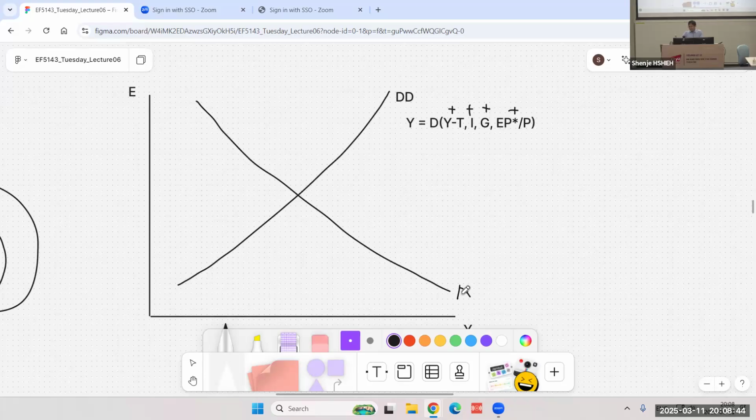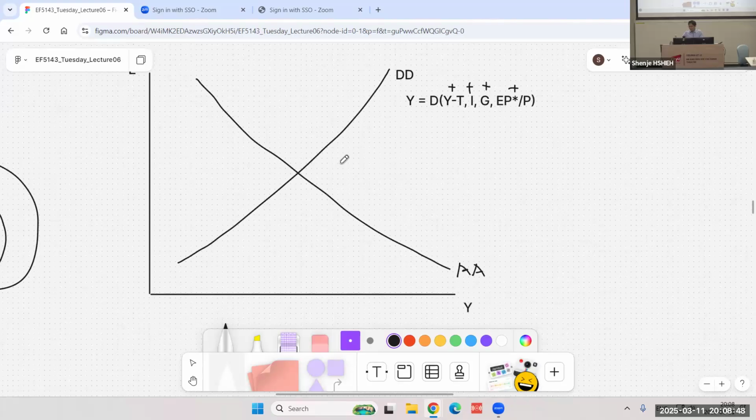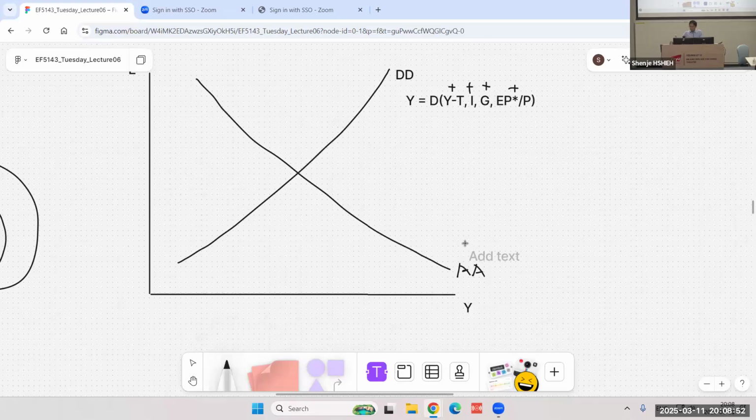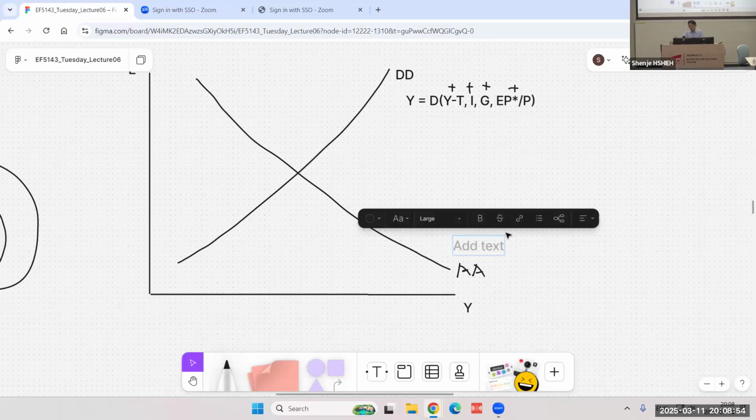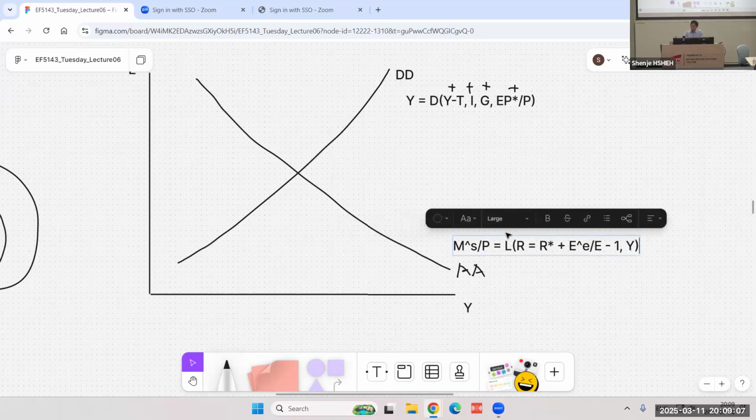So the AA schedule, again, it's called a schedule because we're looking at combinations of E and Y that achieve equilibrium in the financial markets. This is represented by the following equation: MS over P equals L. And then now we replace R with R star plus Ee over E minus 1, and then Y, right?